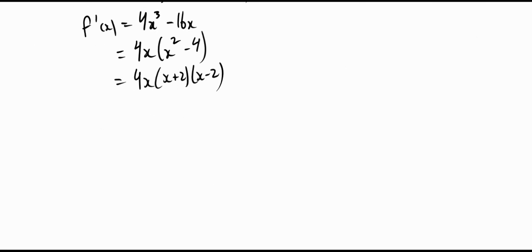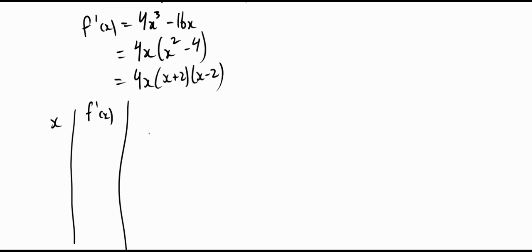Okay, we can start building our chart. So we've got our x intervals, f prime and f. And the first one is going to be when x is less than -2. So this is coming from the factored form of the derivative.